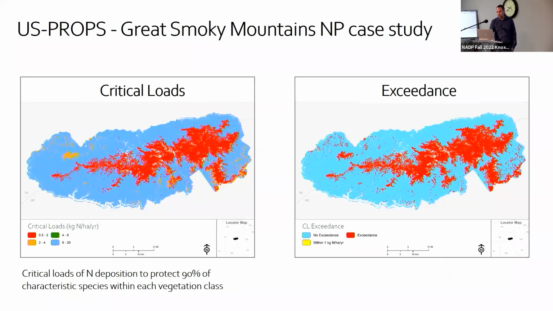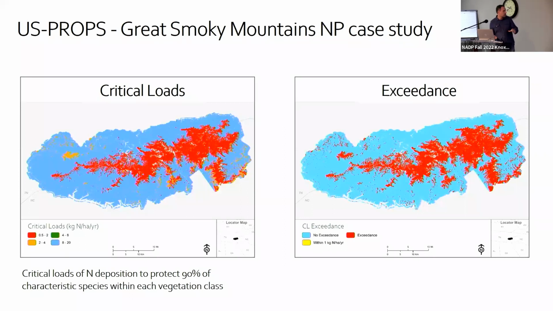Here are maps of just an example of critical loads to protect 90% of the characteristic species within each of the vegetation classes, and also the exceedances. Each vegetation class has maybe 10 to 30 different species that we consider characteristic of that area, and these critical loads protect 90% of those species.